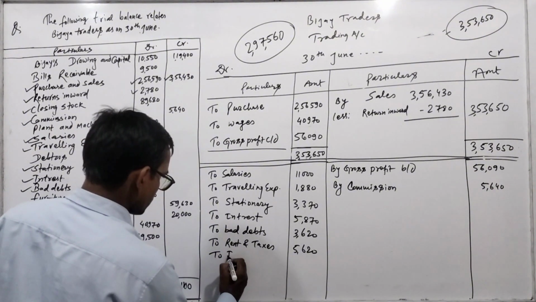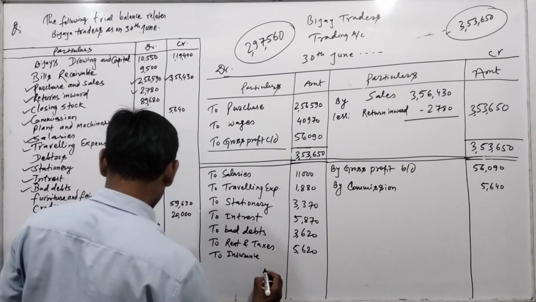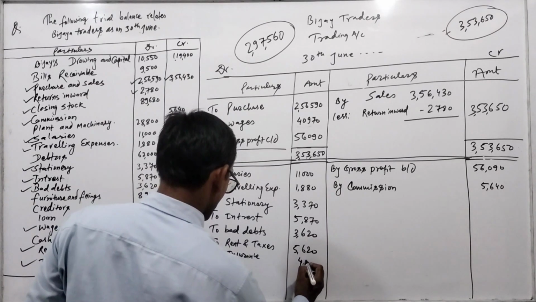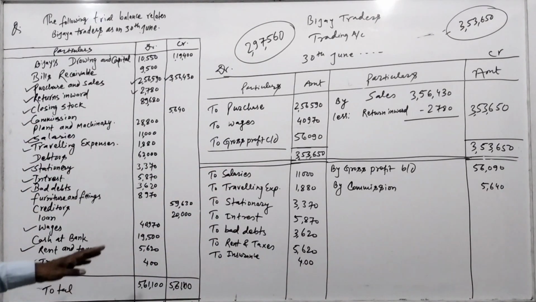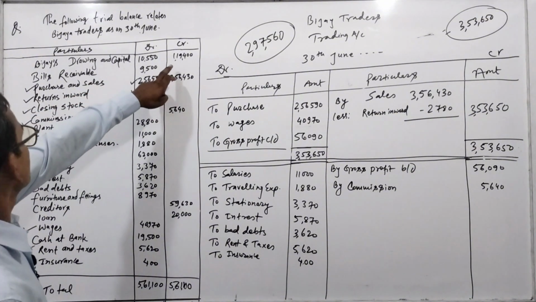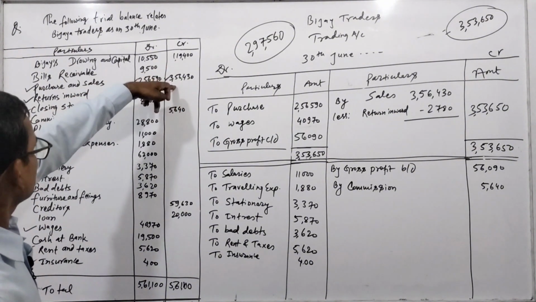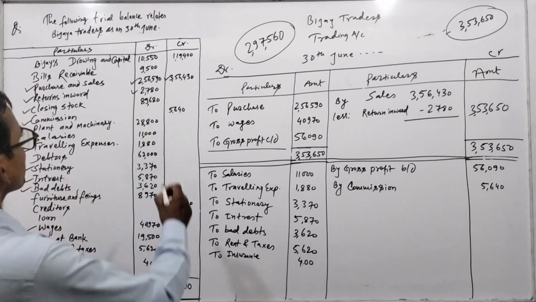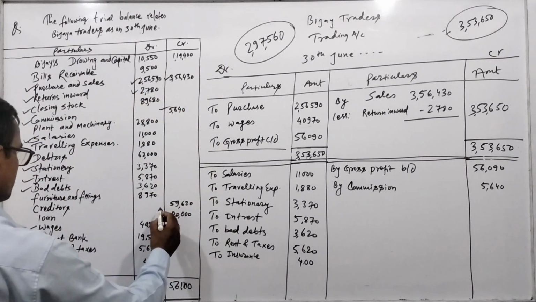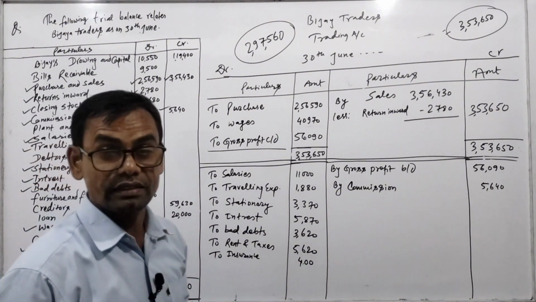Insurance is also expenditure, 400. And you see the income side goes to the balance sheet. Commission is already recorded. And these are the items for the balance sheet.